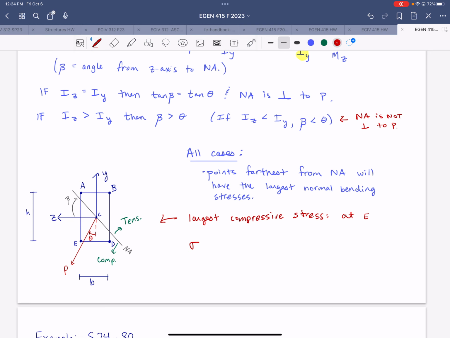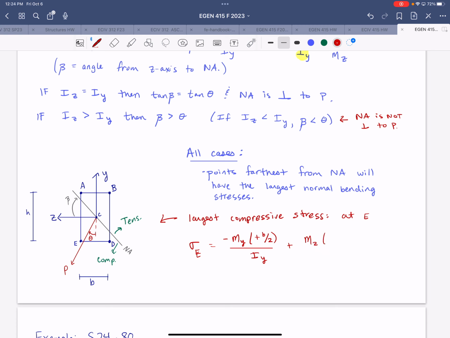So if we wanted to calculate that bending stress, we would just go back to our formula from before, negative My, and then our z distance would be positive direction for point E, value of b over 2, divided by Iy. And then we would add to that our Mz value.